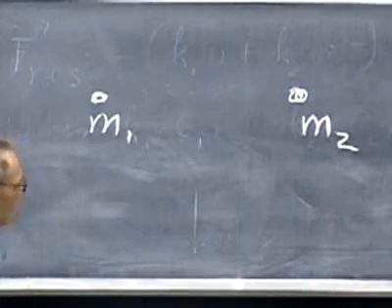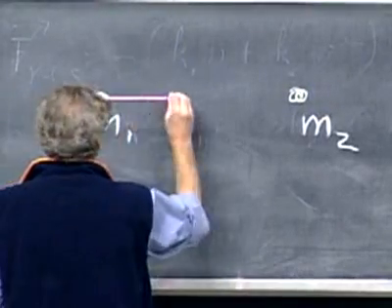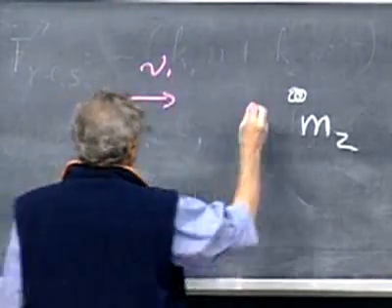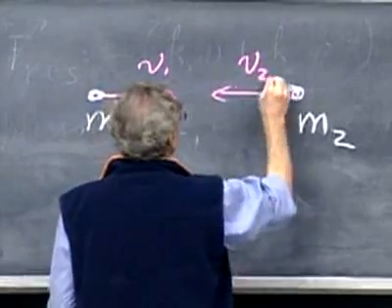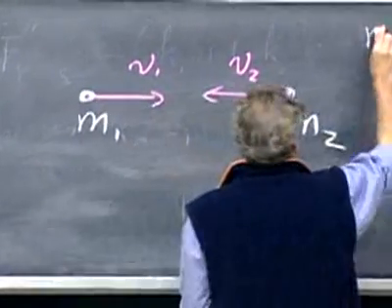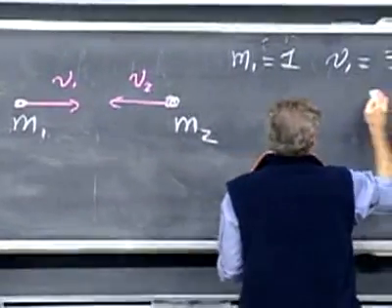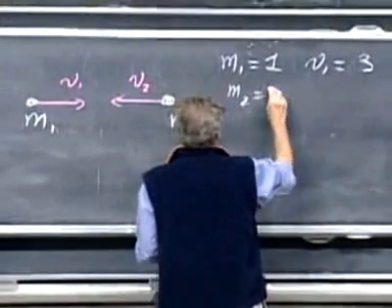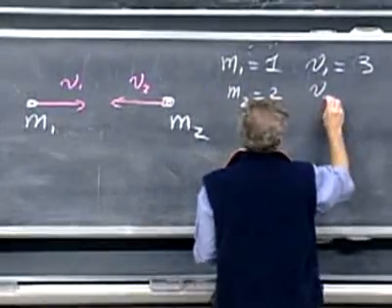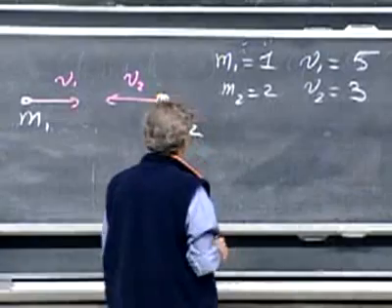system as a whole. We have an object M1 here, speed V1, object M2, speed V2. Let's make it very simple. M1 is 1 kilogram, V1 is 3 meters per second, M2 is 2 kilograms, and V2 equals, I make this 5 meters per second, and I make this 3 meters per second.